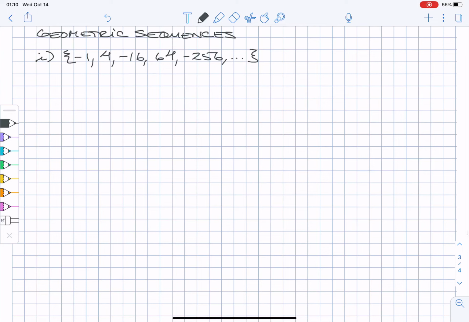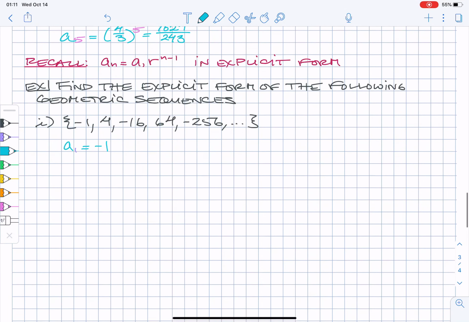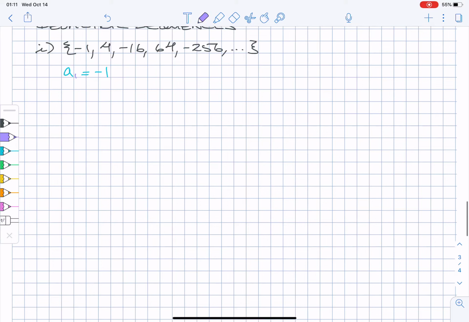Okay, so I know that A sub 1 is -1. Now I just need to find the common ratio, right? A sub 2 is going to be +4. A sub 3 is going to be -16.